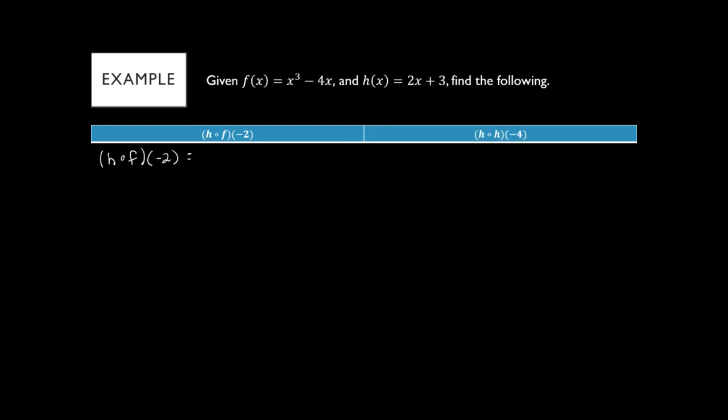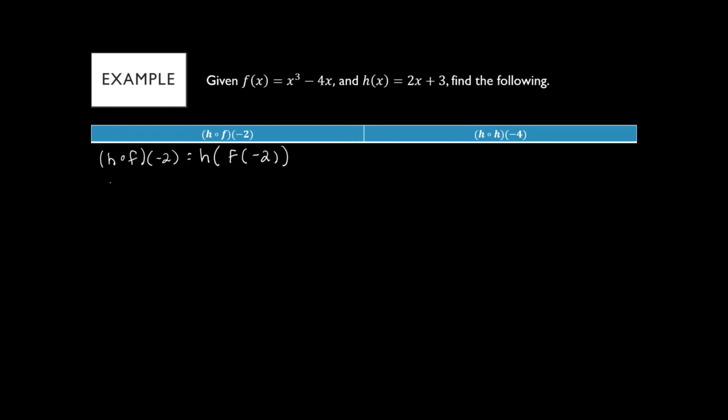And when we convert this to the other notation, it's H of F of -2. So you can see that it's in the same order that we have it in the circle notation. You just embed each one inside.